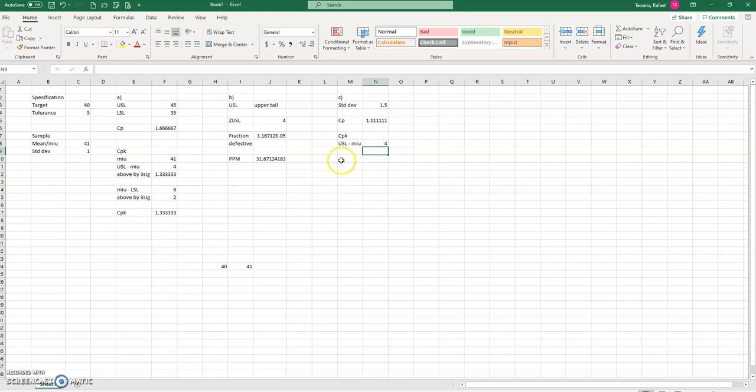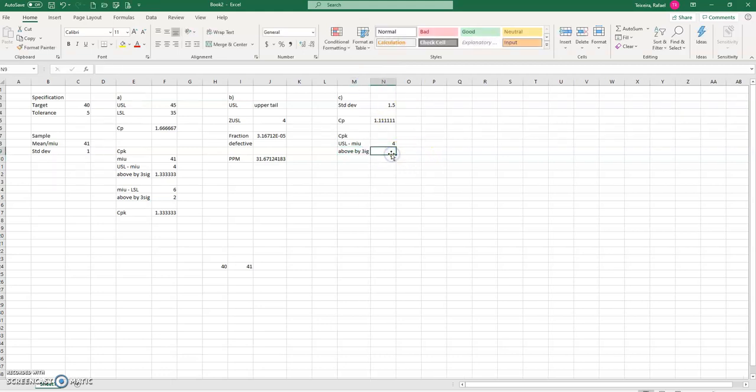Then if I do above divided by 3 sigma, this one is going to be equal to this number divided by, open parentheses, 3 multiplied by 1.5. That's the CPK, one of them. I have to compute the other one. The other one is here too, the same difference.